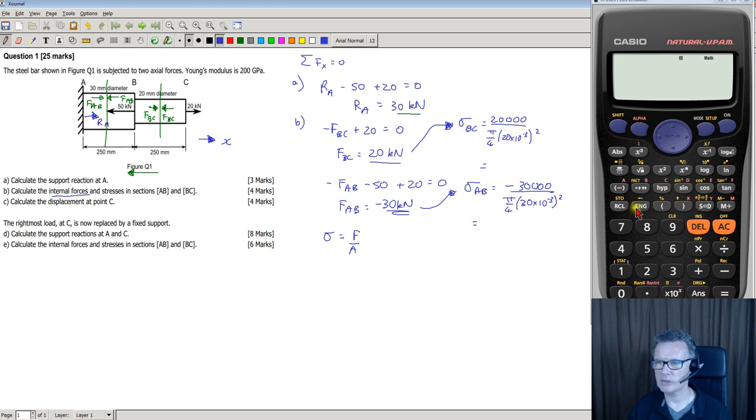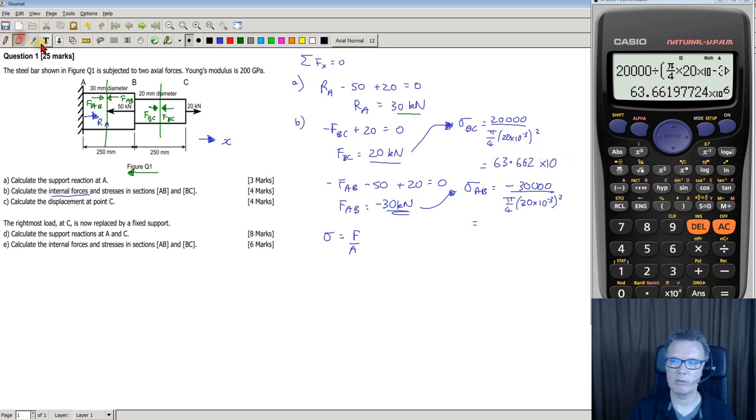Let's work out these numbers. So the top one, 20,000 divided by pi over 4 times 20 times 10 to the minus 3 squared, close the bracket. Press the Eng button. So we get 63.662 times 10 to the 6, megapascals.